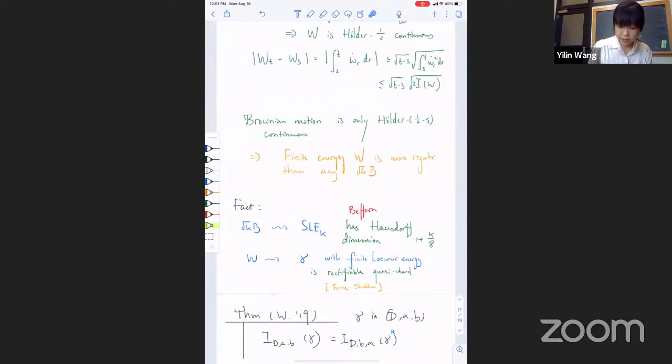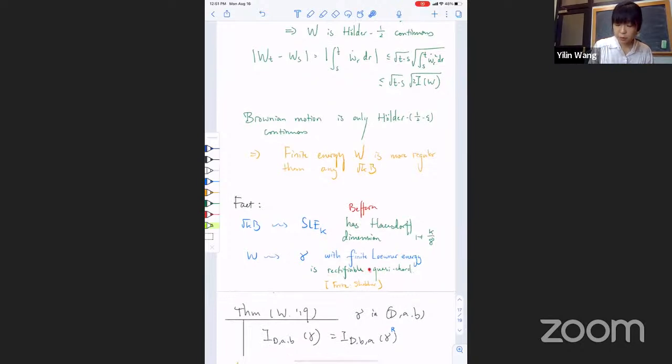But finite energy curves were shown to be rectifiable. Being rectifiable means that you can compute the length by sampling more and more points on it, looking at the chord length between two points and summing them up, and this supremum exists. So it also fits with the Hausdorff dimension going to 1.